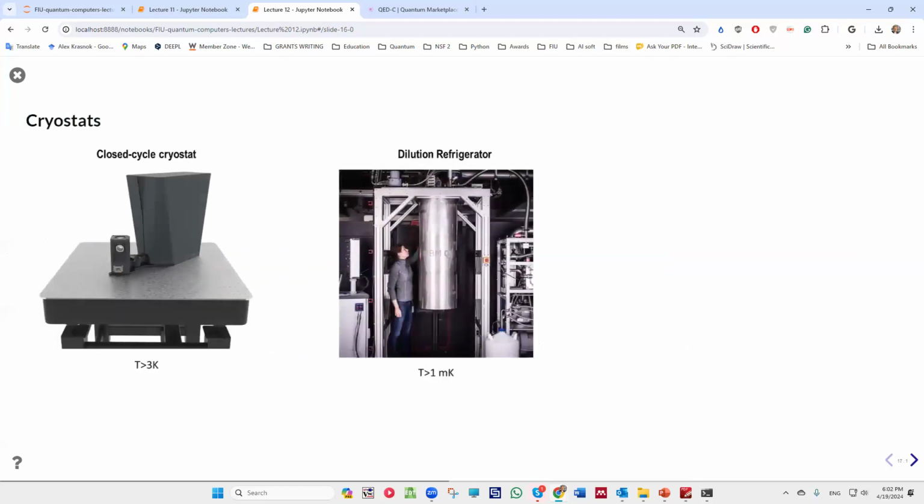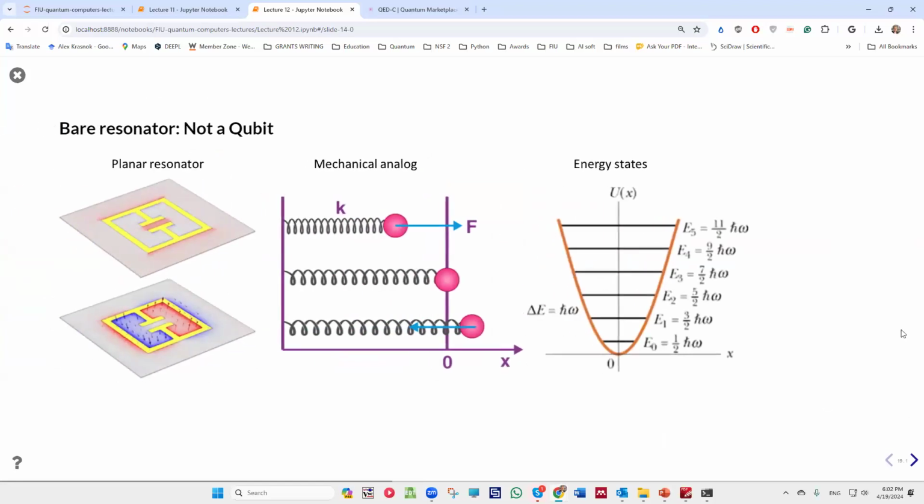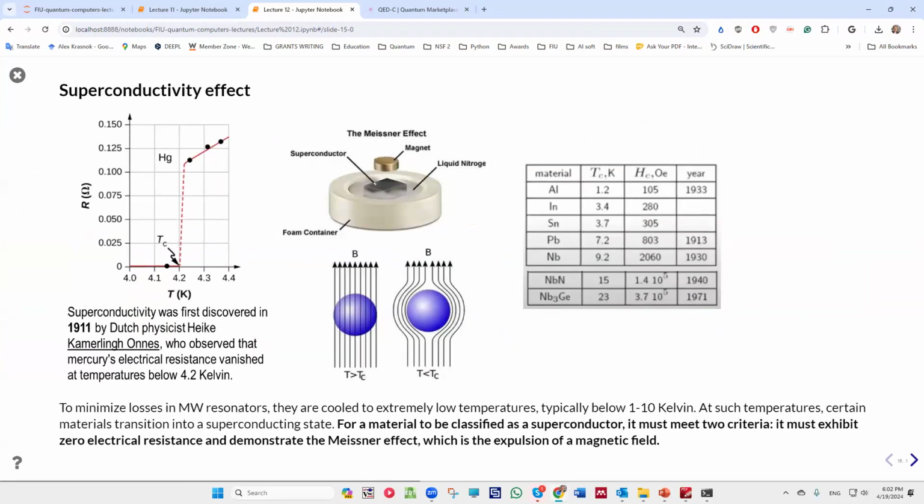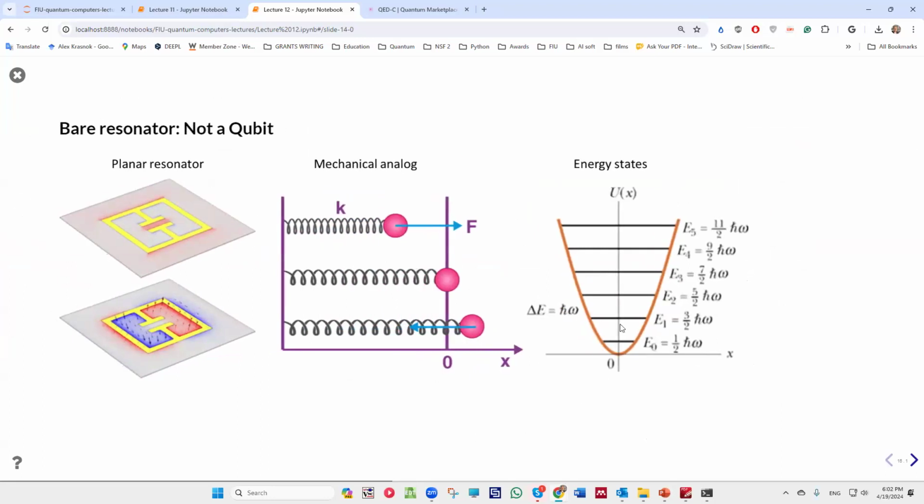If you go back to this slide here, the transition, right? We say that we need to isolate just two states, for example, the transition from 0 to the first excited state. How do we do so? We can achieve this isolation of two states from the others if the excitation between these two states affects the other states.